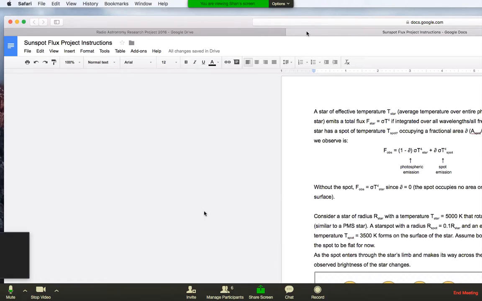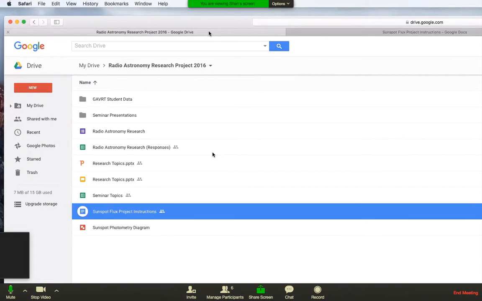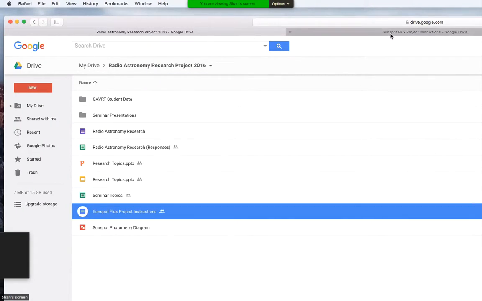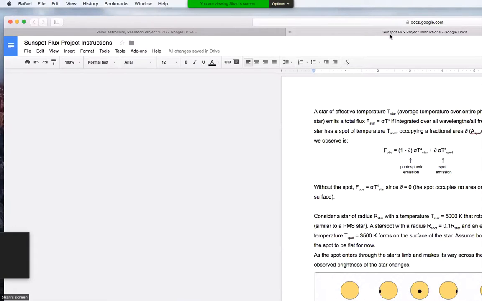Okay, you see the entire document? Yeah, the entire document. Can you guys see the entire document? Yeah, I can see it. I have Radio Astronomy Research Project 2016 Google Drive. And then below that, I can see the student folder. Yeah, and when you open the document it is only in half of my screen.